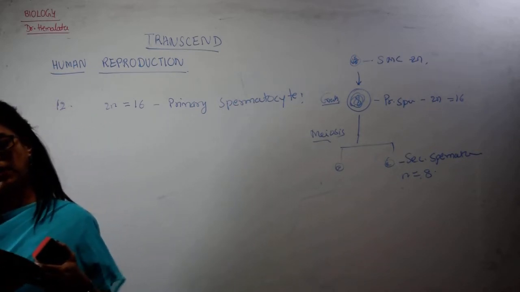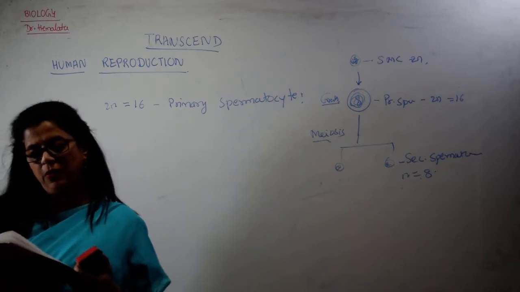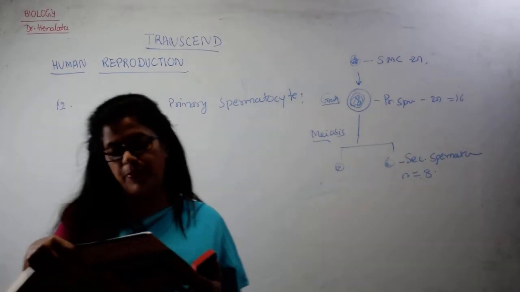Again a female reproductive system is given, but here they have mentioned the parts of the fallopian tube.